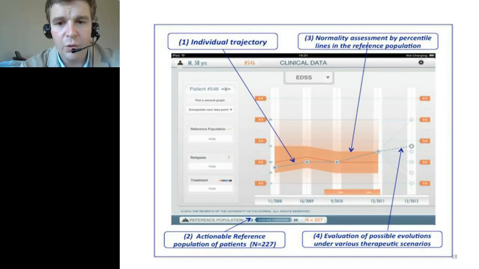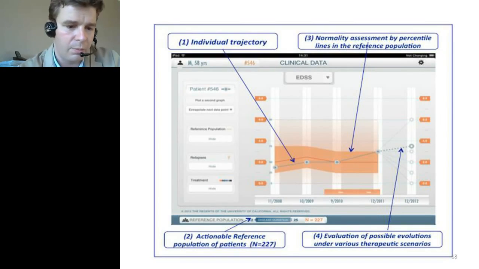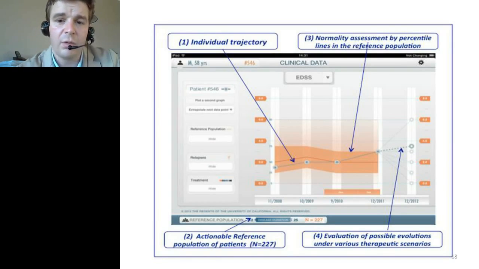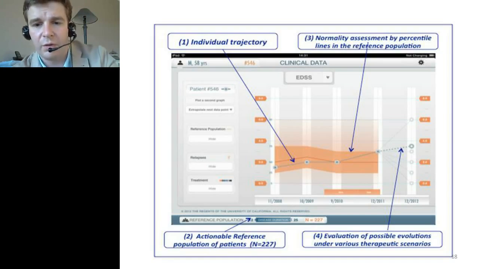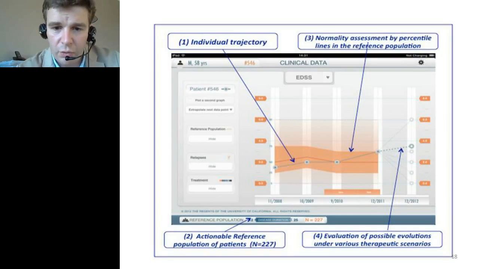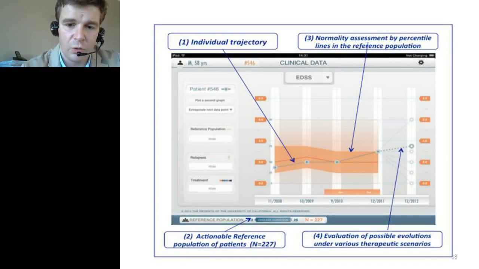And when you look at a particular metric, and this is typically EDSS, one of the most used clinical functional disability scales for multiple sclerosis, you can actually see in blue, number one, the individual trajectory of a patient. So what is the trajectory over time? Two, and that's the bottom bar, the application proposes to the user, using an algorithm, a reference population to be used to compare that patient.